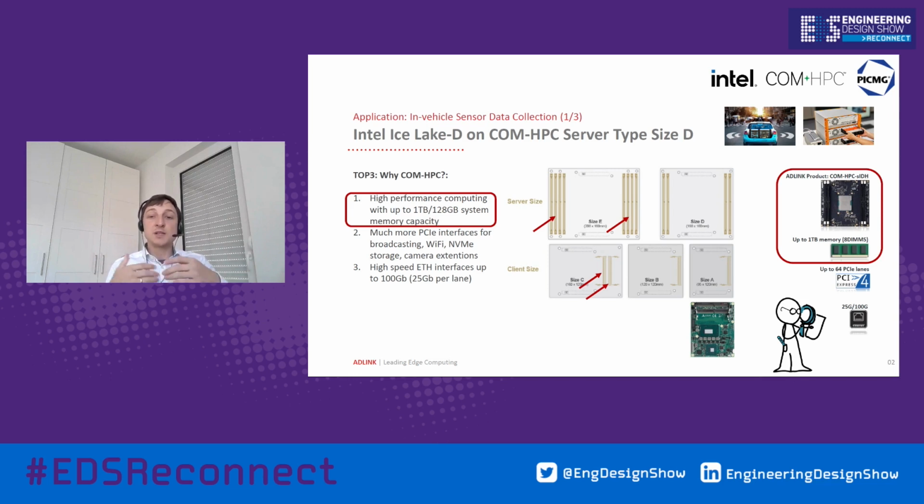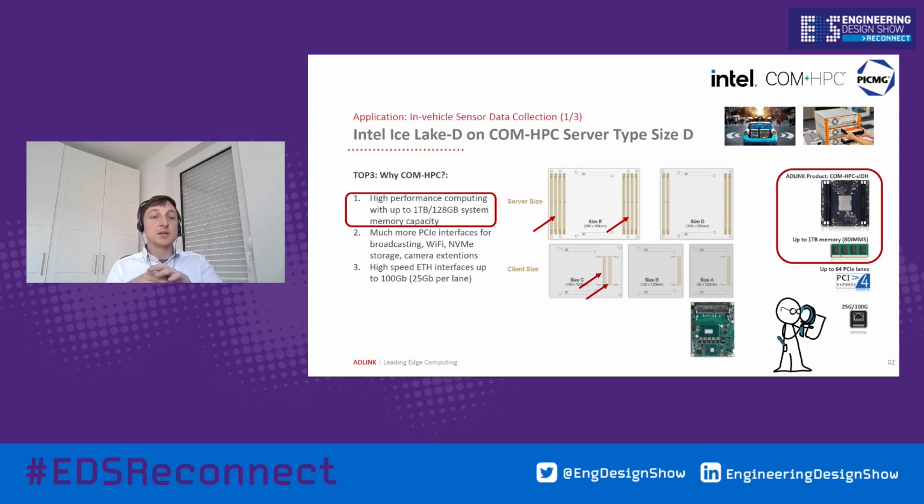COM-HPC server, in contrast to the more compact COM-HPC client and COM Express in general, features DIMM memory. And DIMM memory has its best performance per dollar with a sweet spot of 8 times 64 gigabytes, which is very important, especially when resource-hungry hypervisors are part of the customer's software stack.